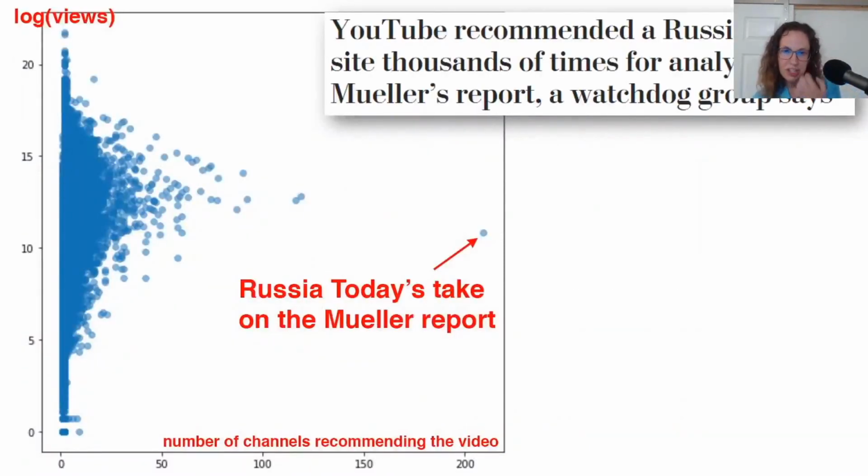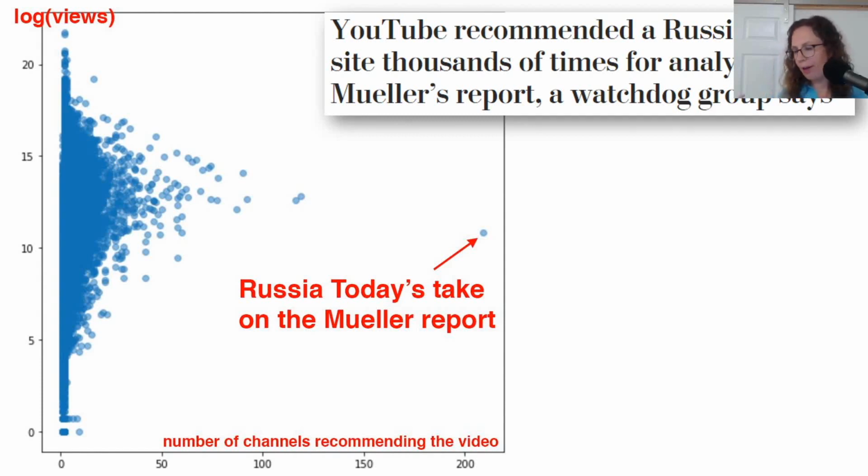Then last year, Guillaume gathered this data where the x-axis is the number of YouTube channels recommending a video, and the y-axis is the log of the views. And we see this extreme outlier, which was Russia Today's take on the Mueller report.